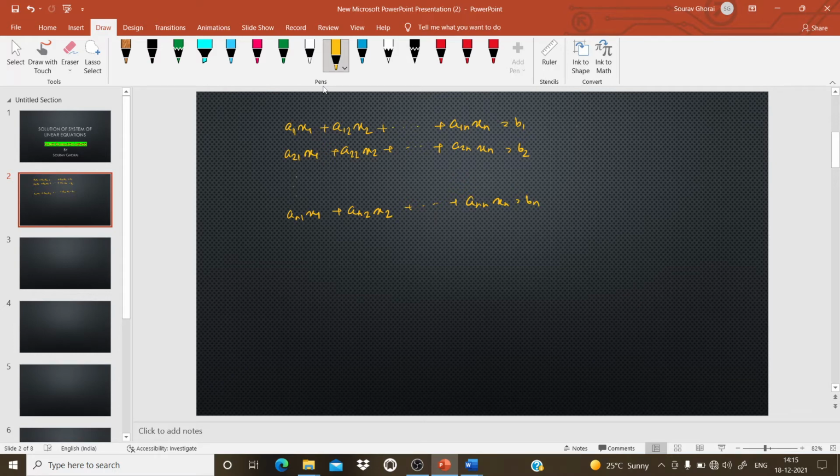So here you can see there are n variables and n linear equations.